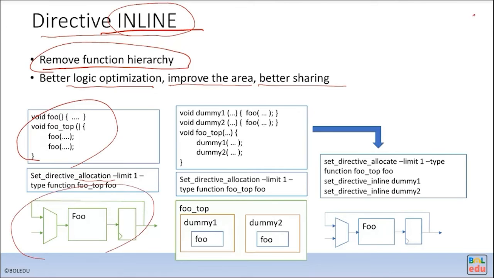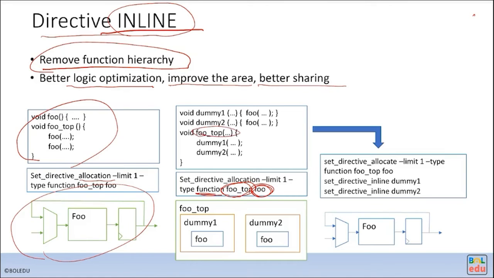Okay, and for this one, use the allocation. The inline only applies to the function specified. For example, in here, you specify a top function, and the allocation is on foo.